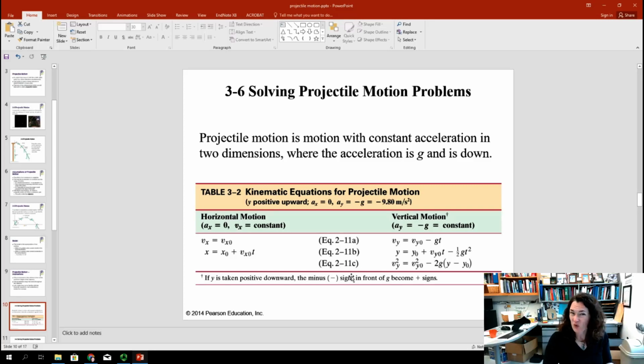And that leaves only one other equation really that we can use, and that's that x is equal to x naught plus vx naught times t. Yet again, because there's no acceleration in the x direction, that whole at squared part of that equation goes away. So those are the two equations that we can use for the horizontal direction.